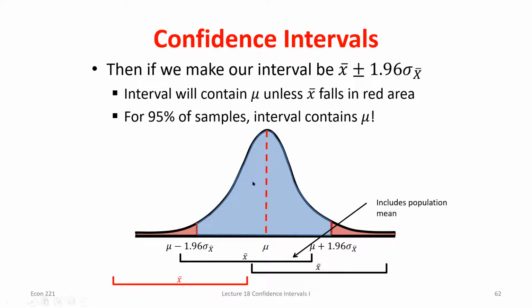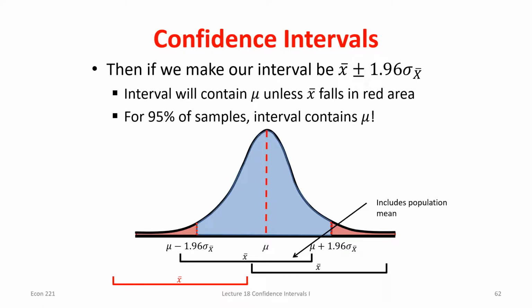Now, if we get a sample mean that's more than 1.96 standard deviations away, it's not very likely. There's a 5% chance of that occurring. But if we did end up with just this one sample mean and we built our confidence interval, it wouldn't include that true population mean. So for every sample mean in this blue area, we'd be right. There's a 95% chance we see a sample mean in this blue area, so my confidence interval will include the population mean 95% of the time.